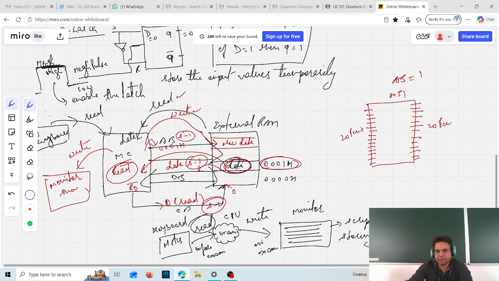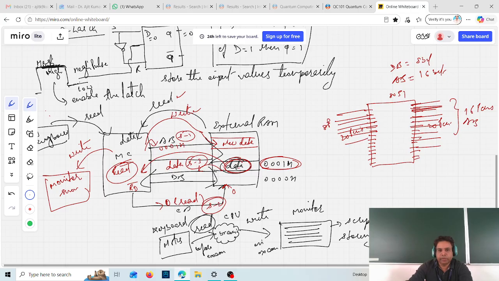The address bus size is 16 bit and the data bus size is 8 bit. So ideally, if the microcontroller is going to utilize pins for the buses, 16 pins will be used for the address bus and 8 pins will be used for the data bus.